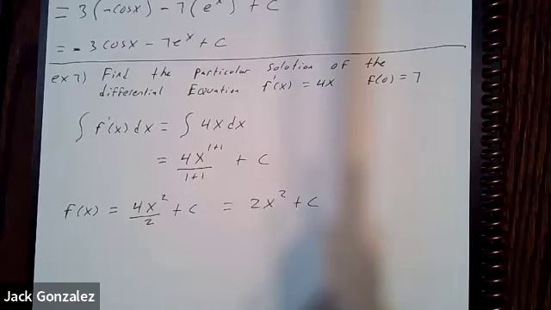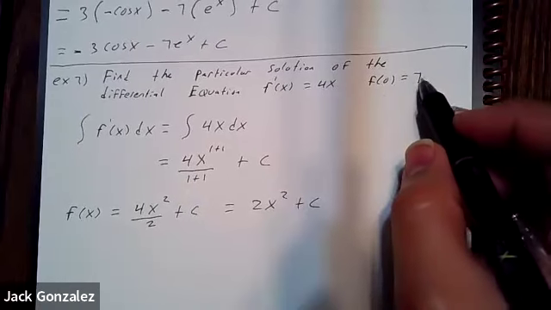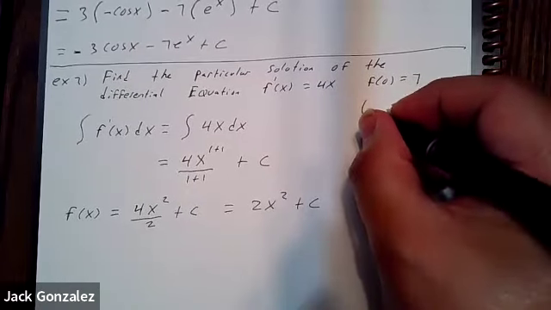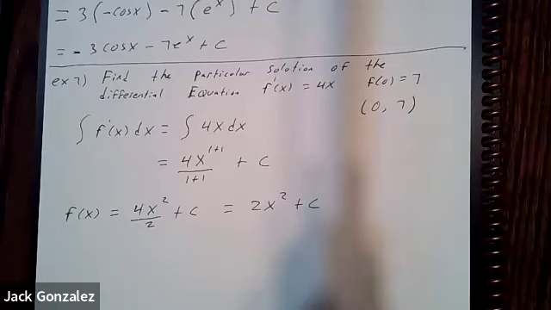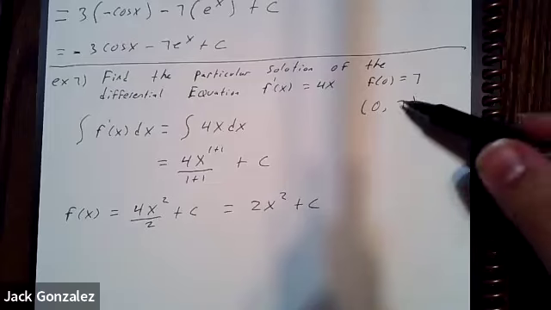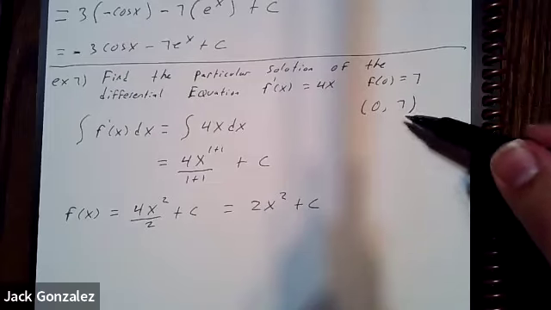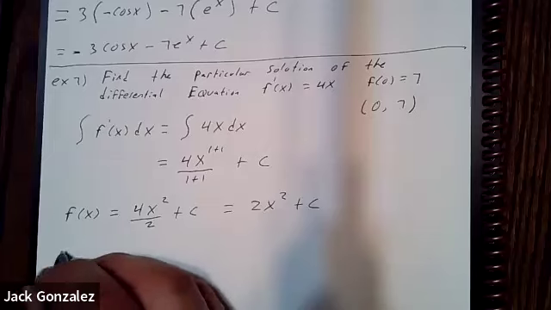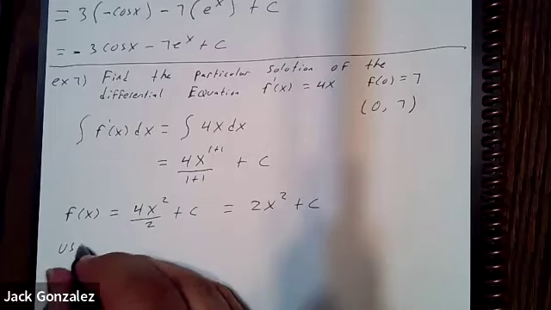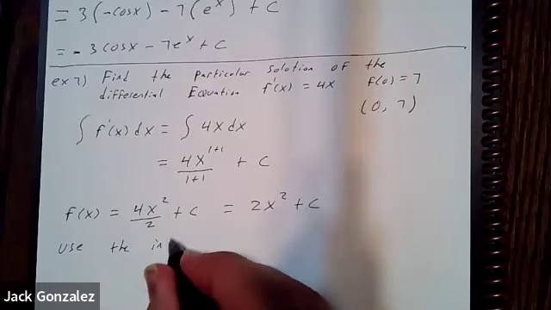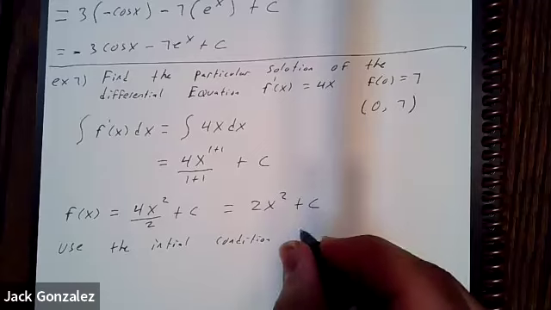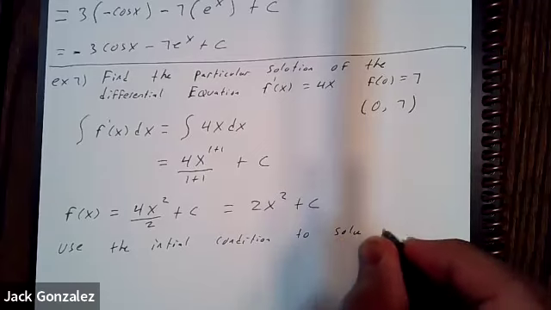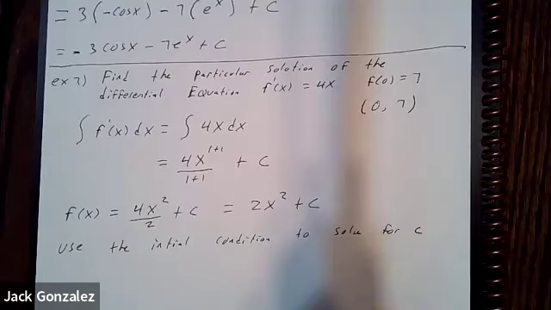Okay. So at this point, use your initial condition. Remember, f of 0 equal to 7, that's the same thing as saying there's a point at 0, 7 that we care about, right? So use this to find c. Use the initial condition to solve for c.